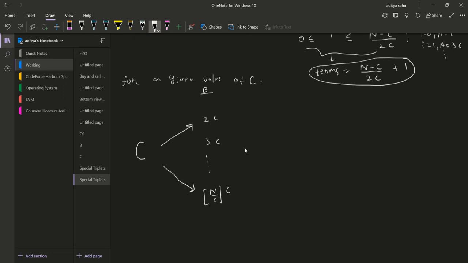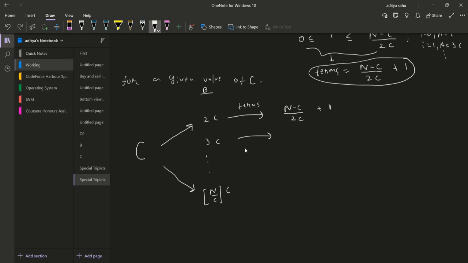And for each of these values, I have these many terms. So it was (n minus c) by 2c plus 1.